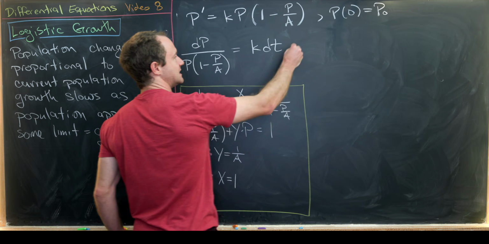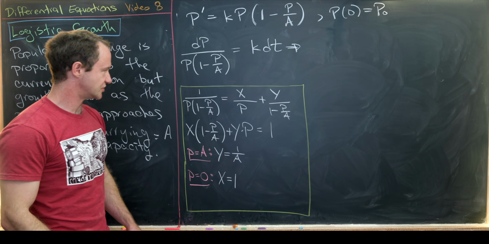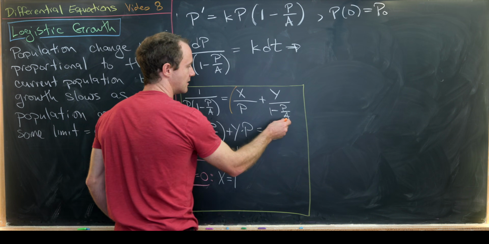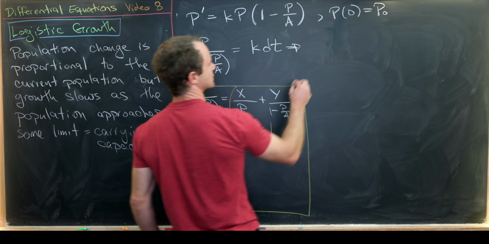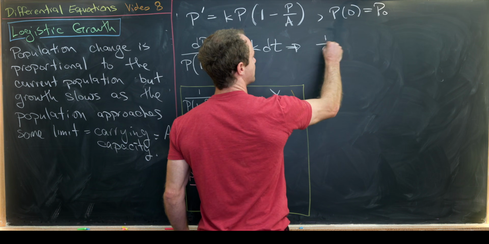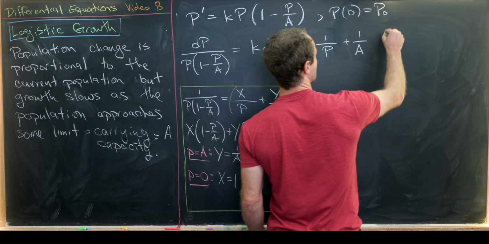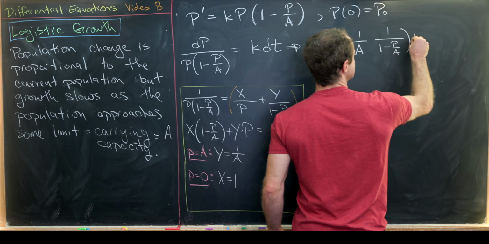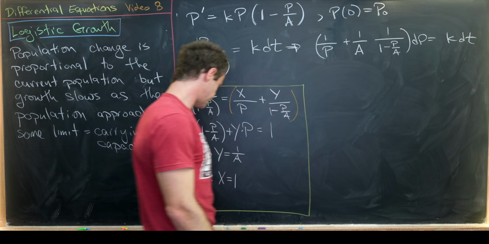Okay, so that means this version of our differential equation is the same thing as the version which we get from using partial fraction decomposition like that. So in other words, we have 1 over P plus 1 over A times 1 over 1 minus P over A dP equals k dt.